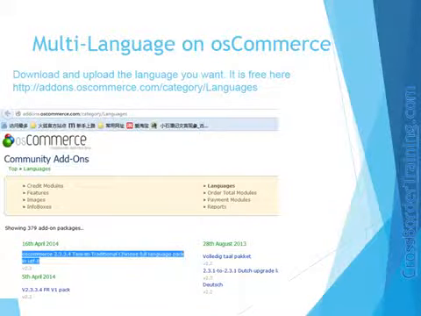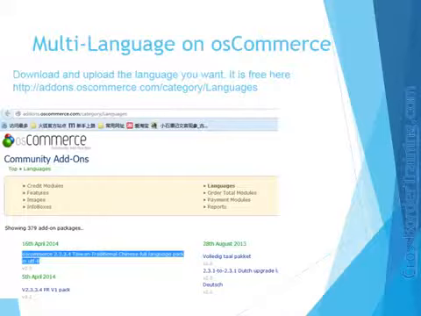So it's good to have the website done, finished, but it's only in English now. So you normally need to translate everything in all the languages you want. If you want to translate in German, in Chinese, in French, in Italian, the language you want, you can go to the osCommerce add-on plugin platform for it.